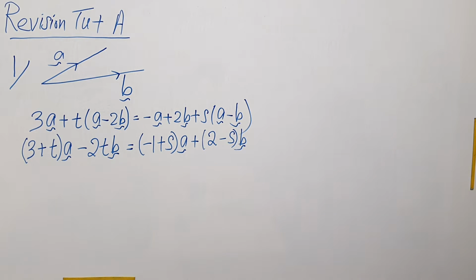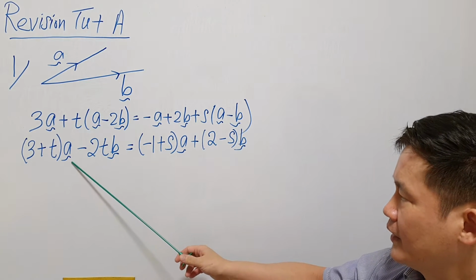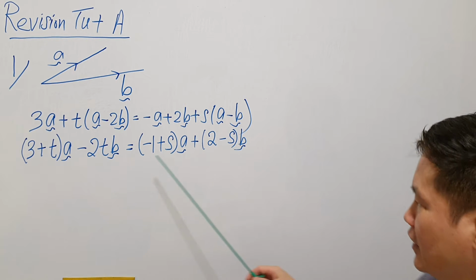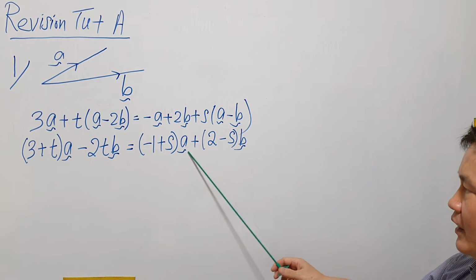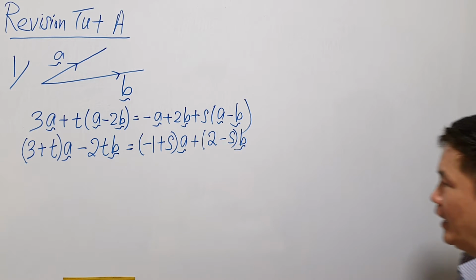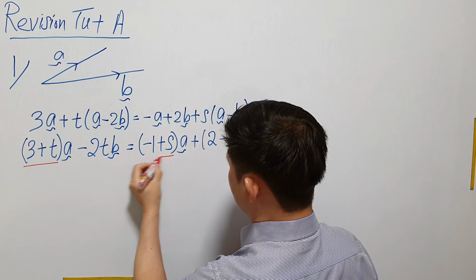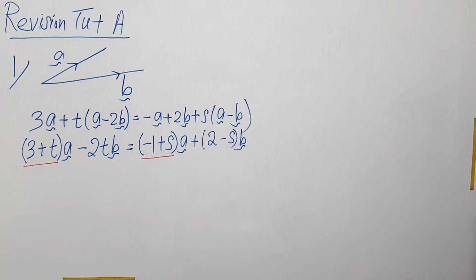I want you to know that if two vectors are non-parallel like this, and a multiple of a plus a multiple of b is equal to a multiple of a and a multiple of b, a property of non-parallel vectors is that you can simply compare the coefficients. This is only true if the two vectors a and b are non-parallel.